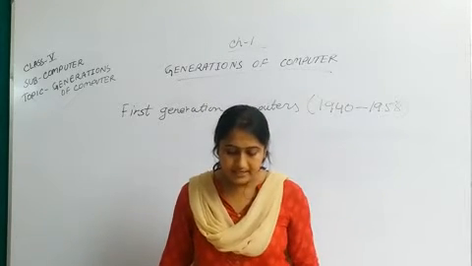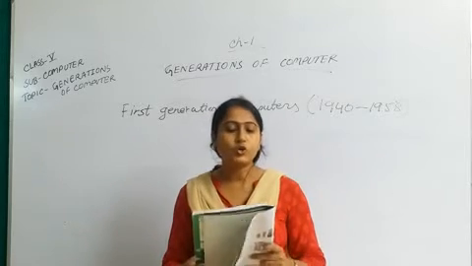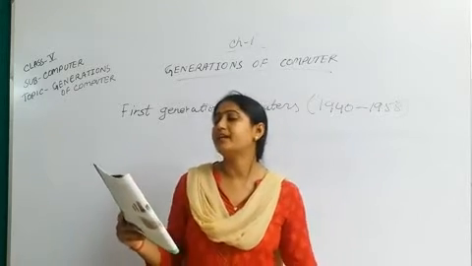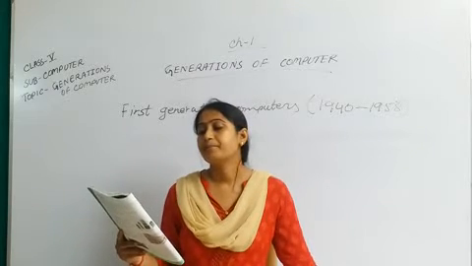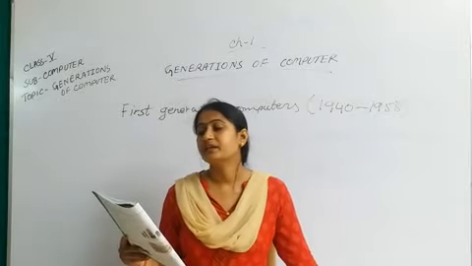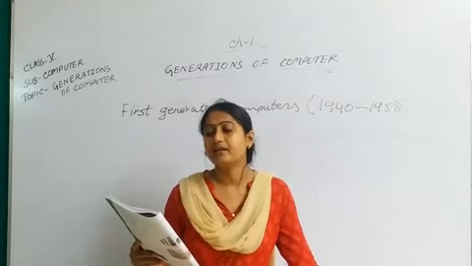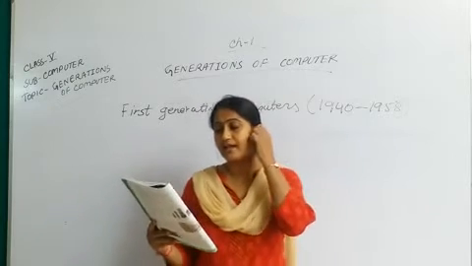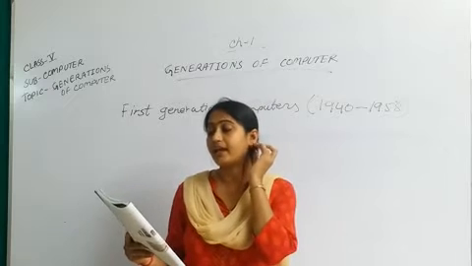Next is EDVAC. EDVAC, the Electronic Discrete Variable Automatic Computer, was built using binary code by J. Presper Eckert, an American electrical engineer, and John Mauchly, an American physicist, and it was completed in 1948.